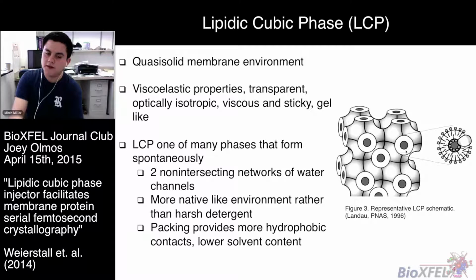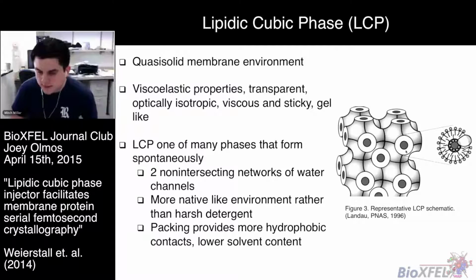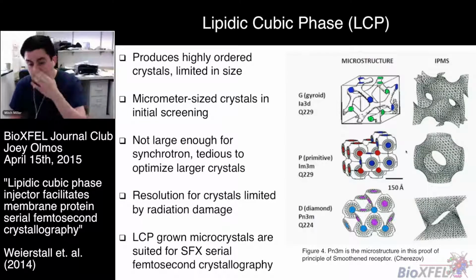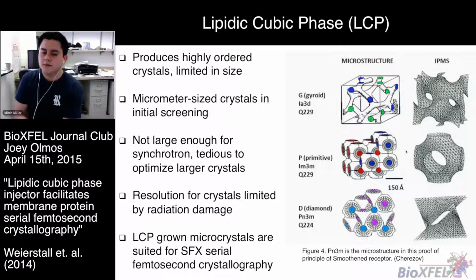And so it's better to use something like this where you're not using detergents to make the protein soluble. And again, here's another image showing different microstructures that lipidic cubic phase can assume. The one being displayed in this paper is the PN3M, that's the last one down here.